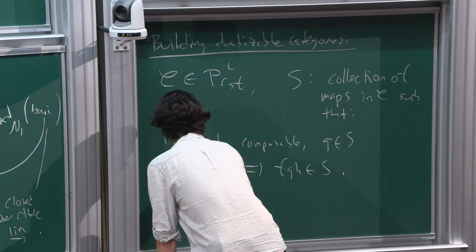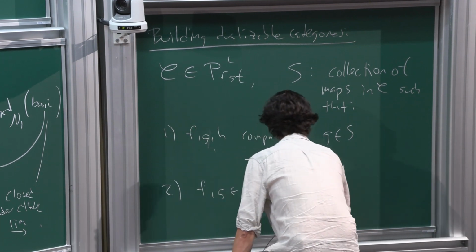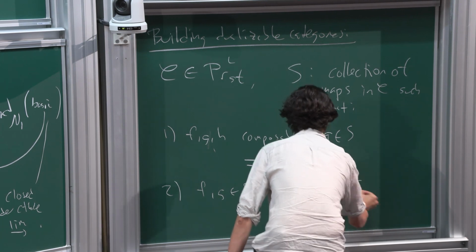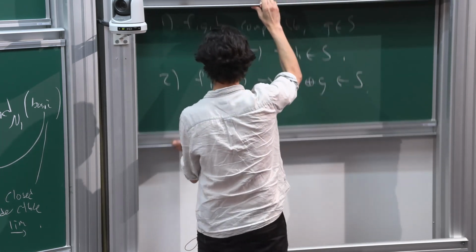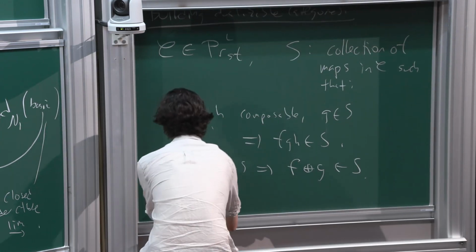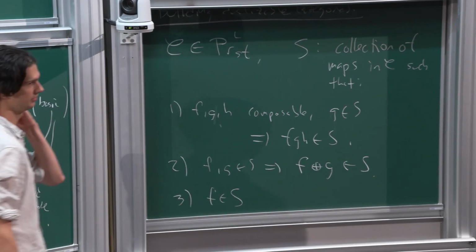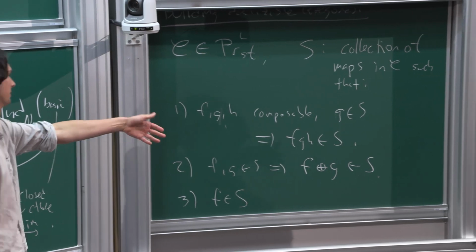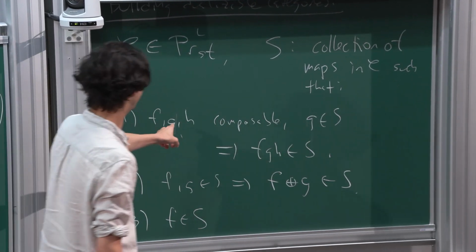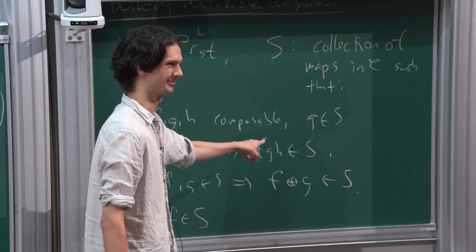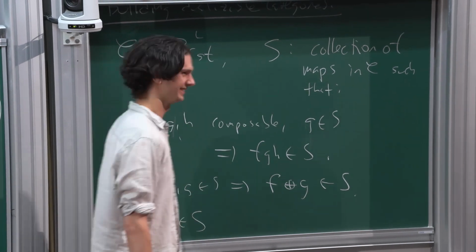The second condition is that if f, g in S, then the direct sum is in S. So this means maps remain equivalent pairs of maps in the homotopy category. Maybe I should also add an axiom closed under homotopies. But it's actually, if you read this the right way, a consequence of this when you take f and h being the identity.